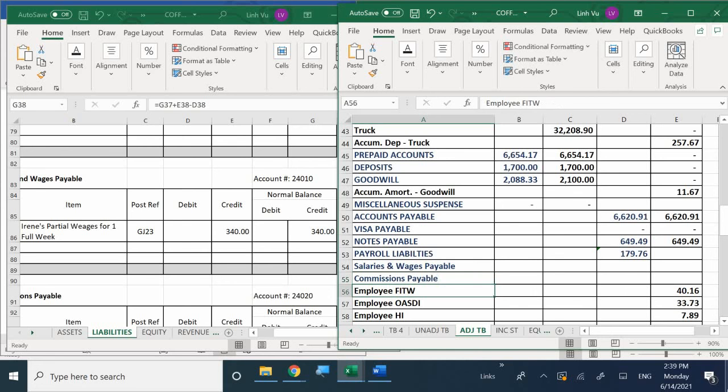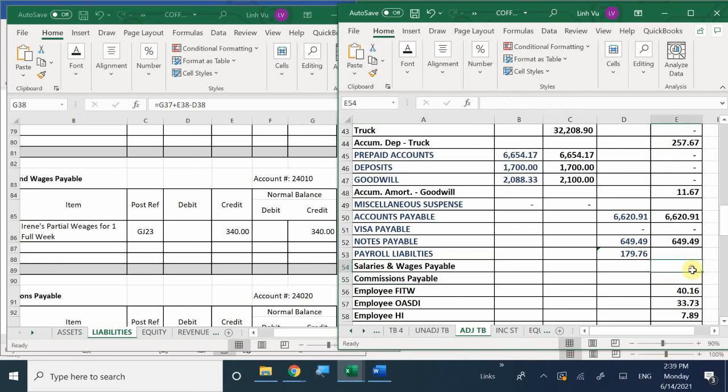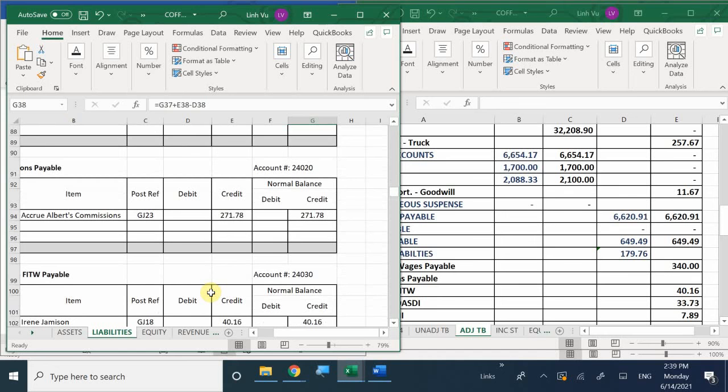These are money that I owe my workers. So that means my payroll liabilities is going to change. Let's start with the first one. My salaries and wages payable is right now 340. What is my total commissions? 271.78.